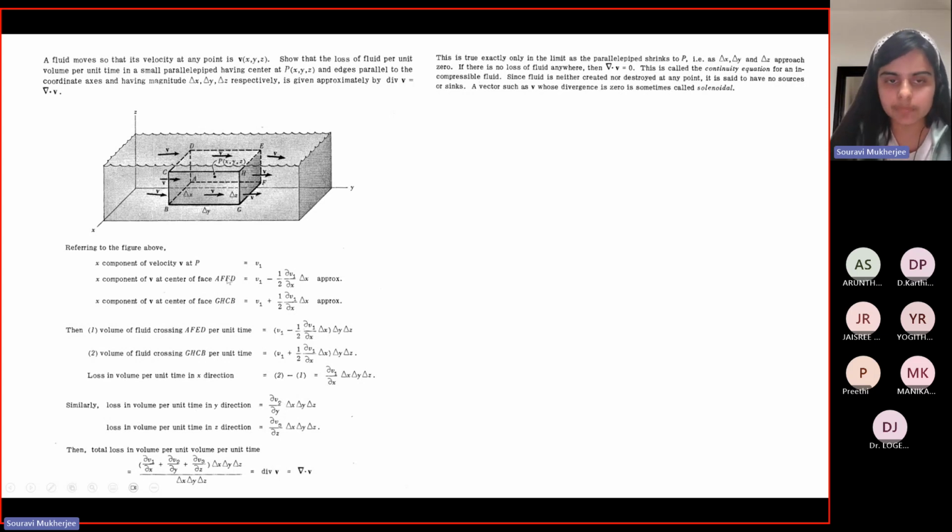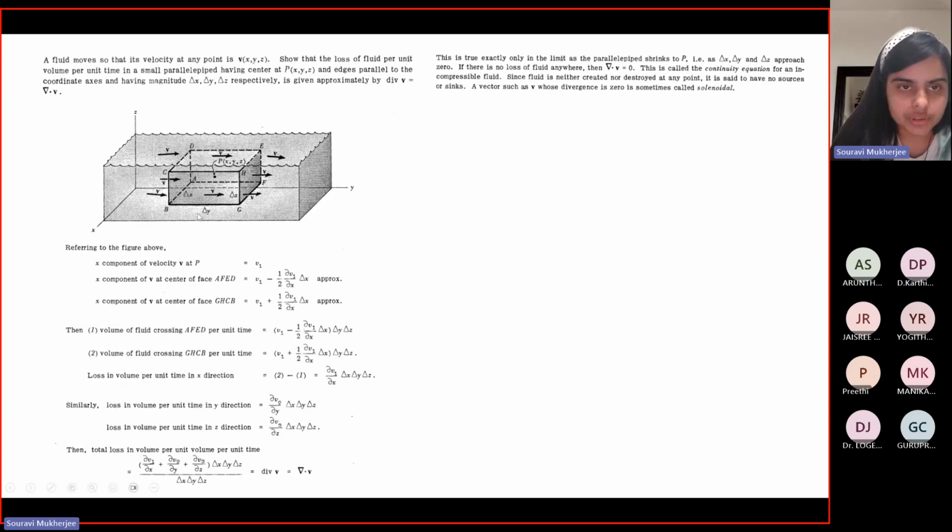Similarly, along x, you will have a different velocity, like if you go along y. Okay, no. What I mean is, if you consider this surface, suppose AFED, right? So where is F? AFED, right?